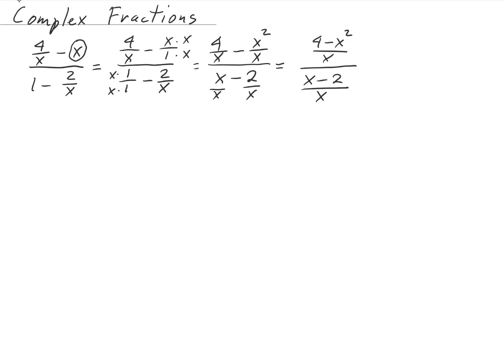Now we can change this into a division problem. And let's take it to a new line. It's the top, 4 minus x squared over x, divided by x minus 2 over x. And we change that into a multiplication by keeping the first fraction the same, changing the division into multiplication, and taking the reciprocal of the second fraction.